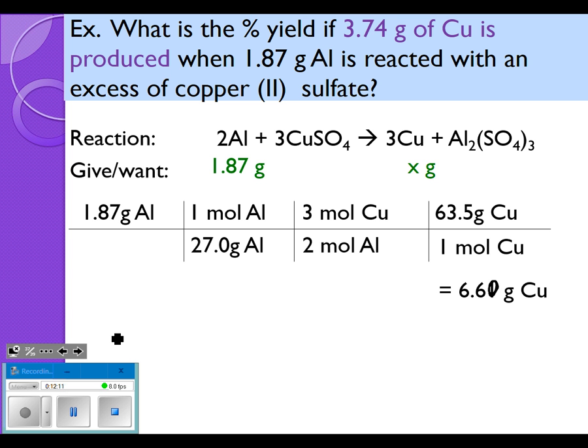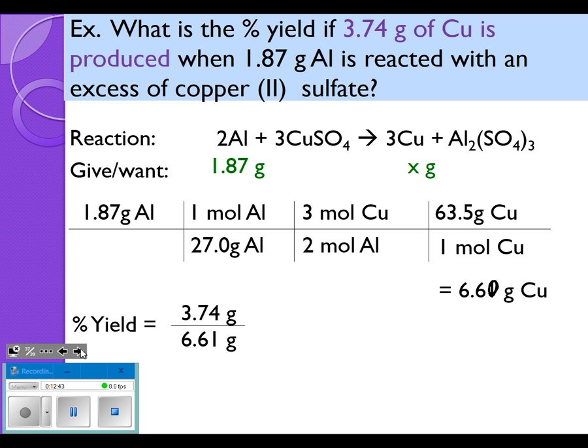When I do that math, that should be a 0. From your periodic table, copper should be, yeah, the 63.5 is right. But when I did my math, I didn't round properly, so that's why that should be a 0 there. Okay. Now, that's my theoretical yield, because I calculated it. Now, I was given my actual yield with the 3.74 grams of copper, because that was about a product.